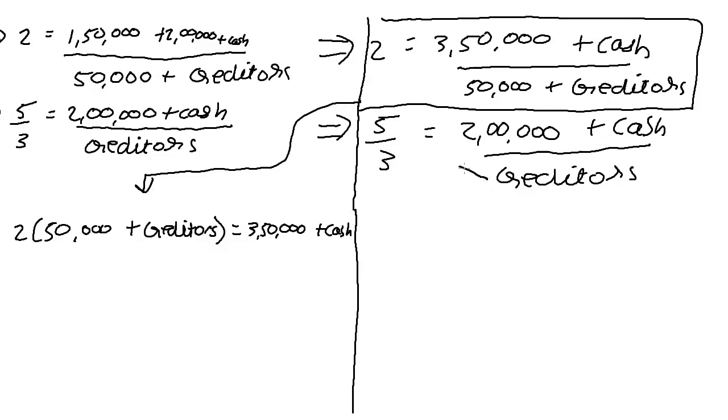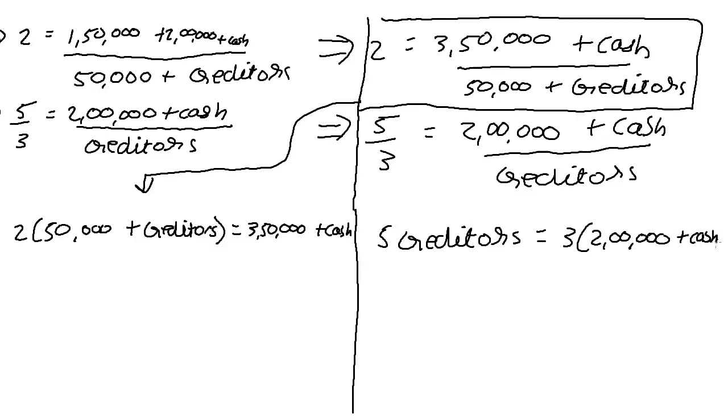Similarly, creditors over here is division, goes that side, it becomes multiplication. 3 over here is division, goes that side, becomes multiplication. So I have 5 times creditors is equal to 3 times 2 lakhs plus cash. Now we multiply inside.